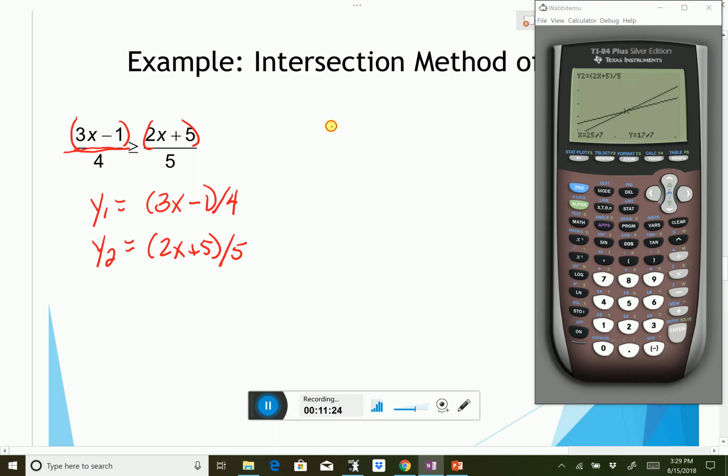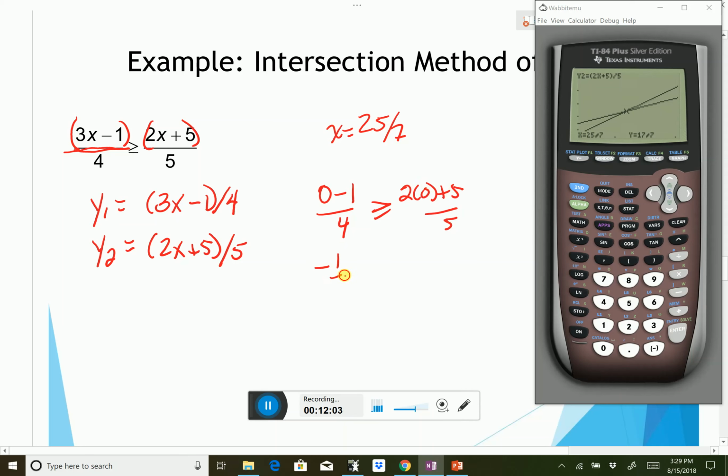So I have to figure out now, does this mean x is greater than or equal to 25 over 7 or less than or equal to 25 over 7? So I need to pick a number on one side of this. Well, what's our favorite number? 0. That's easy. So I'm going to check my answer. 0 minus 1 over 4 is greater than or equal to 2 times 0 plus 5 over 5.